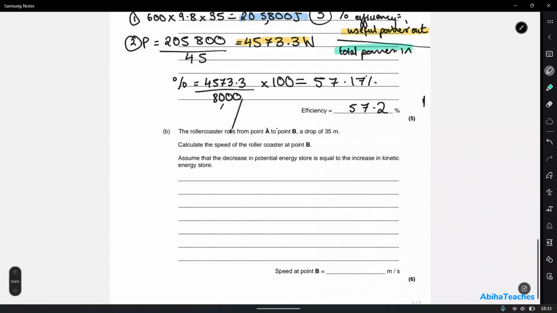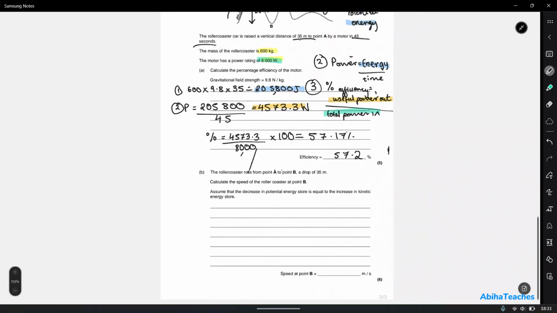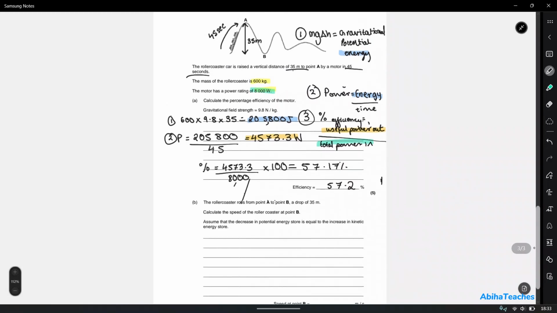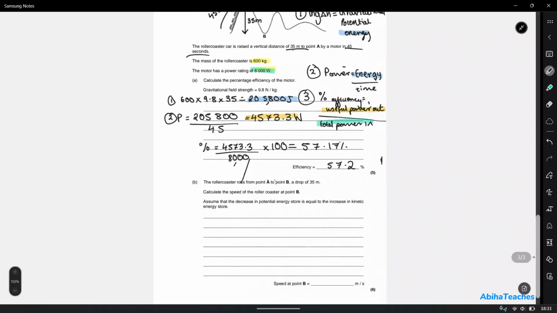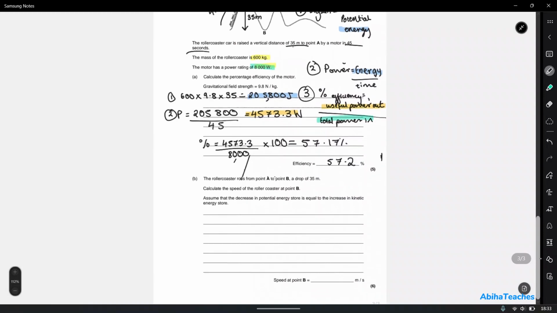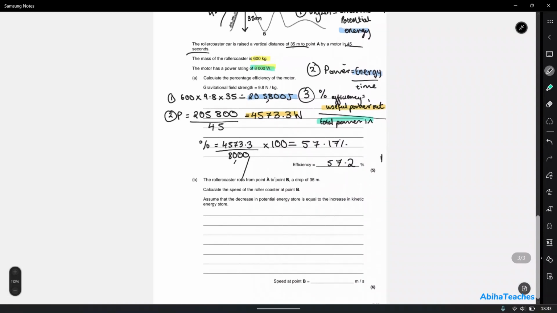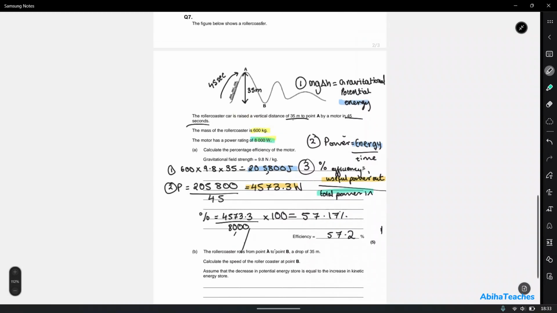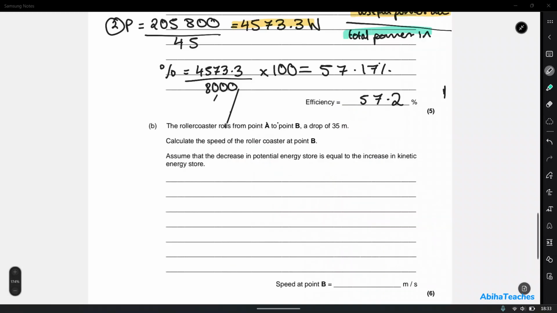The roller coaster rolls from point A to point B, a drop of 35 meters. Calculate the speed of the roller coaster at point B, and we need to assume that the decrease in potential energy store is equal to the increase in the kinetic energy store. All of this for 6 marks. Now for this question, we need to work out the gravitational potential energy and the kinetic energy in order to get our speed.